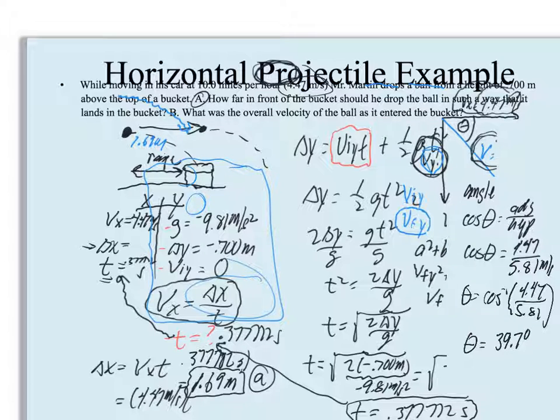And we didn't have east or west here, so we could say below the horizontal would be fine. Or you could say below the positive x-axis. That would be acceptable as well. But your final answer for B would be 5.81 meters per second at 39.7 degrees below the horizontal.